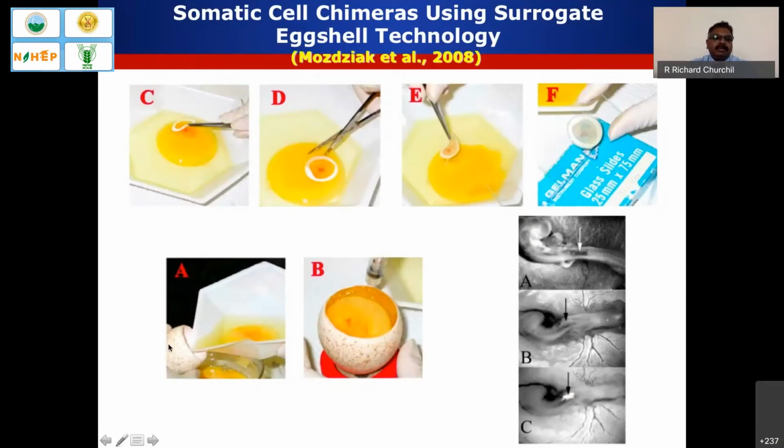It's the eggshell of another egg, in which the egg content of yet another 2-day recipient embryo is poured, and in this embryo, the cells collected and modified are inserted, and it is then covered with cling film, and the incubation is continued to hatch out a new chick, which will be a transgenic chick. So this technique, surrogate eggshell technology, is useful in developing the transgenic chicken.